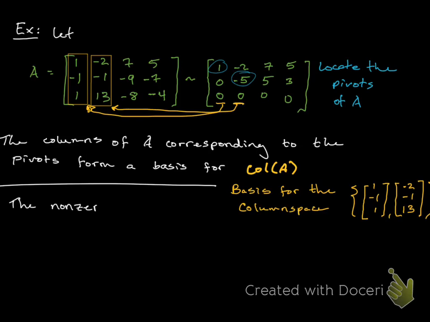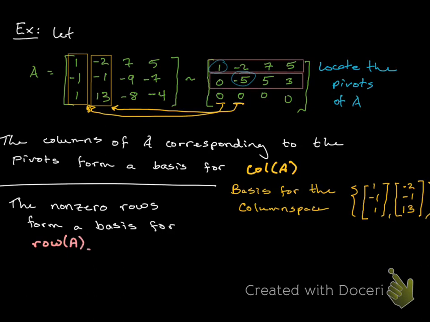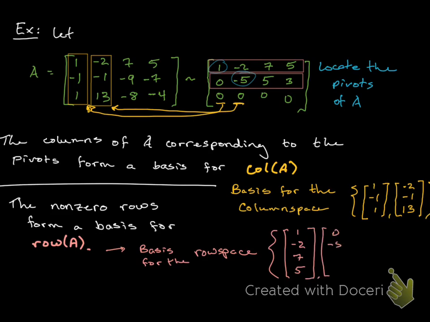The non-zero rows form a basis for the row space of A. So those two rows then, the first row and the second row in my reduced form, those are going to form a basis for the row space. And I just write those back down. Exactly those rows, but I write them as column vectors just because that's typically how we write a basis. So the basis for the row space will be just those two vectors.